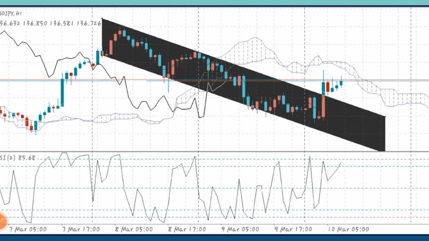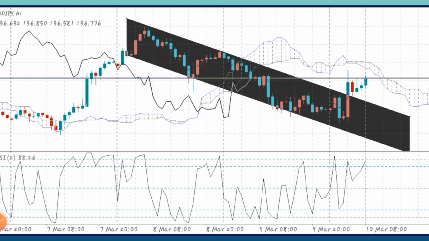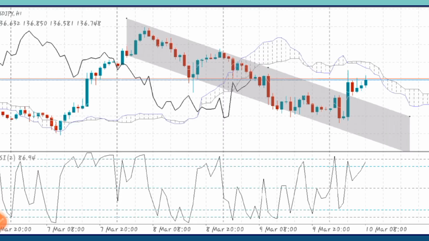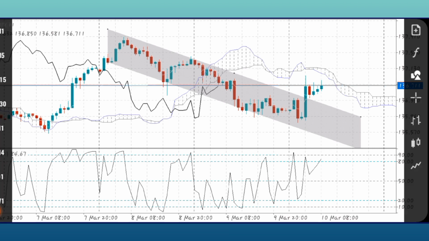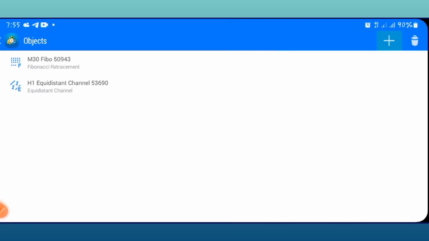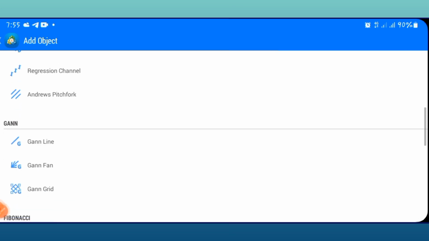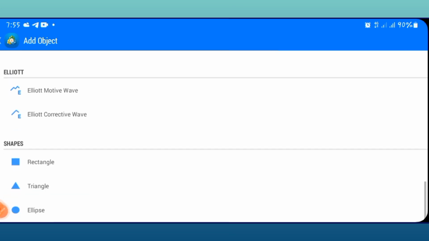Alright, this was a downtrend, and now from the Fibonacci channel, you can see that you have a significant point right here. Where this market presently is, is another strong significant level.